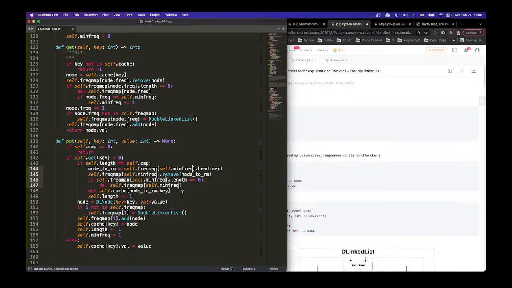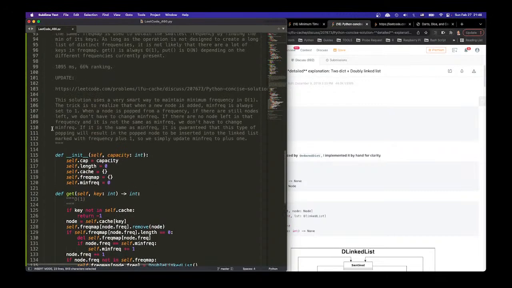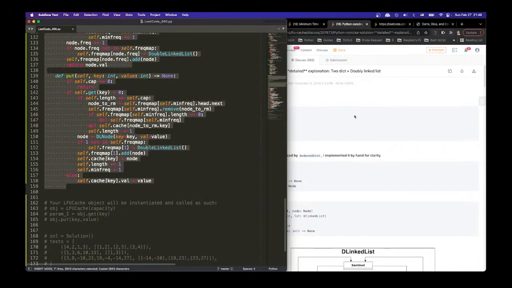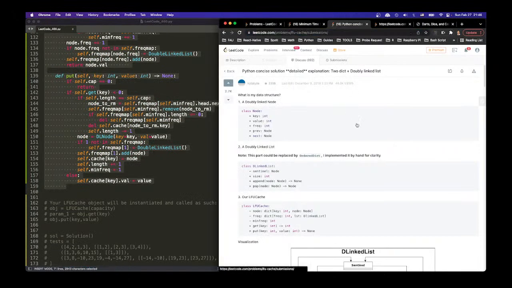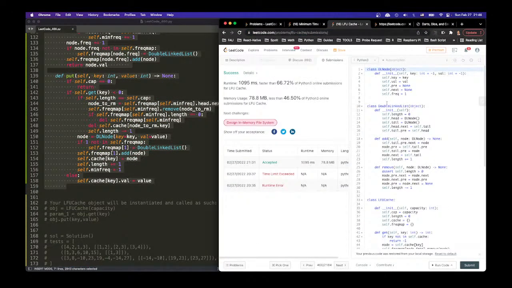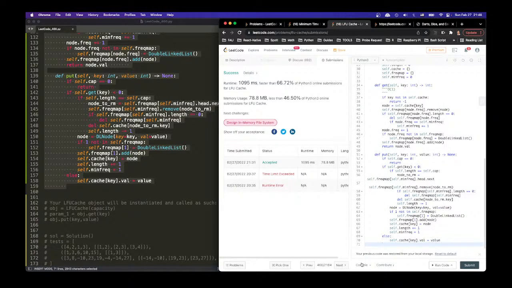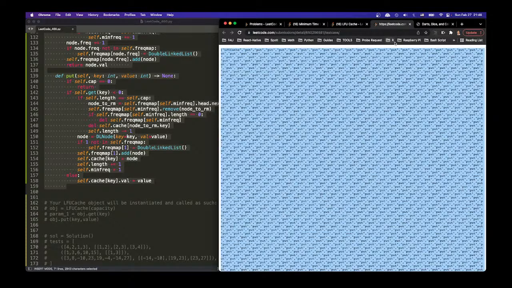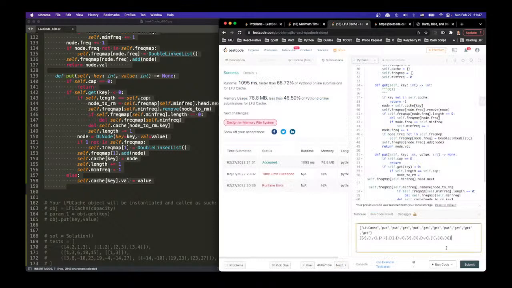I don't have to worry about min frequency, because in this situation I will always add a new node, and min frequency is set to 1. Therefore, we need to check this code as well. Okay. Add this one as well. So a very comprehensive example.